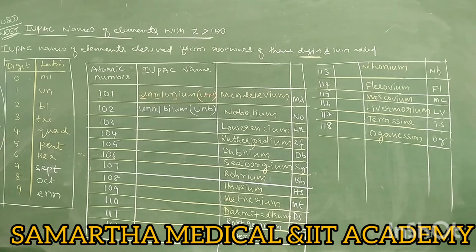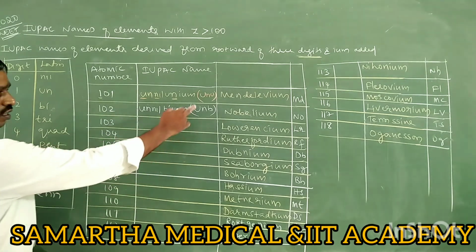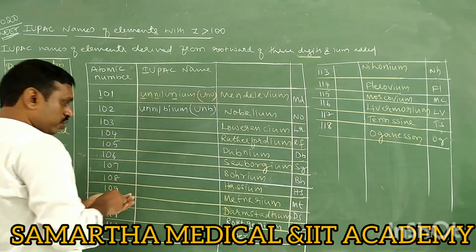Right, so these are the elements with atomic number more than 100, and we have their IUPAC names. This is UNU. Next, UNB.